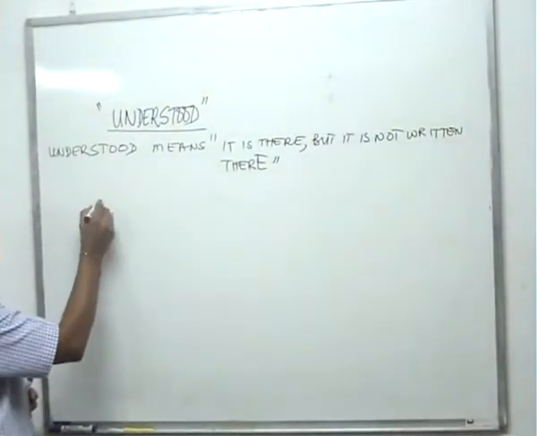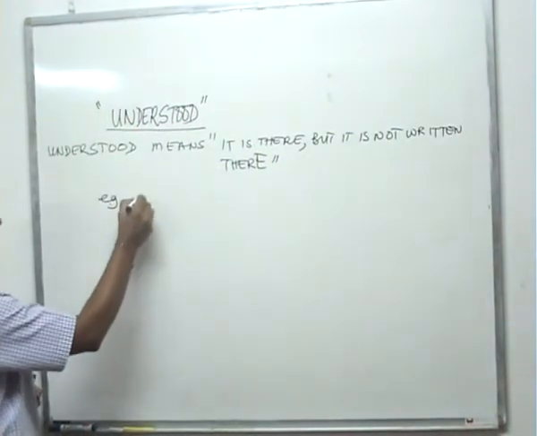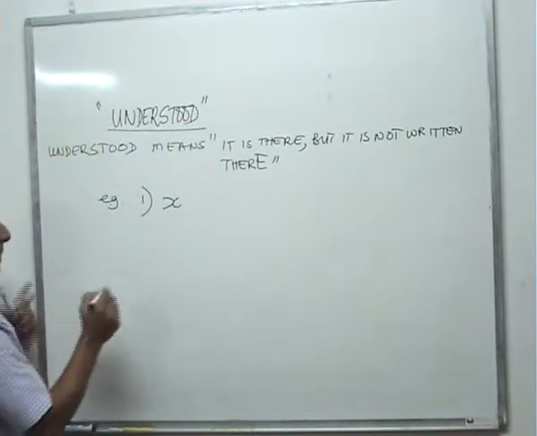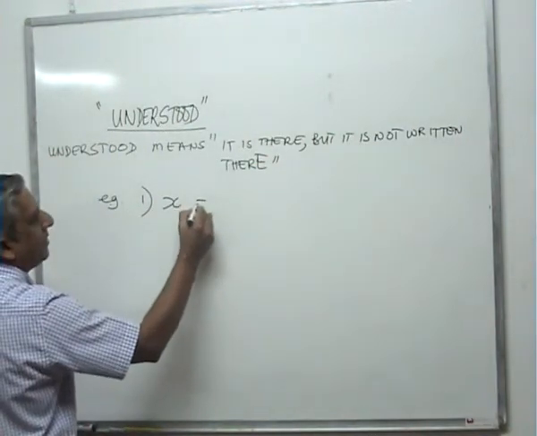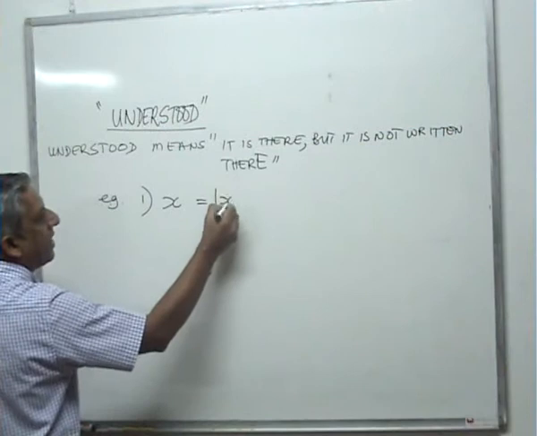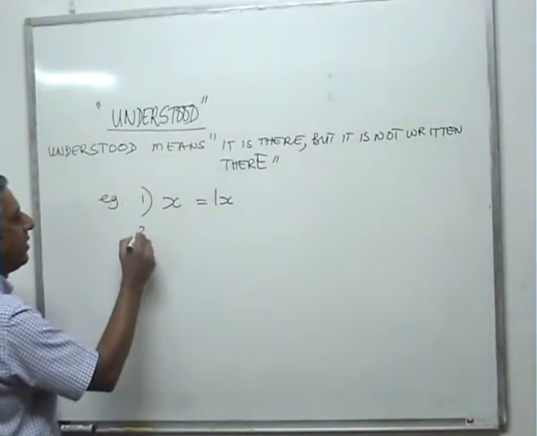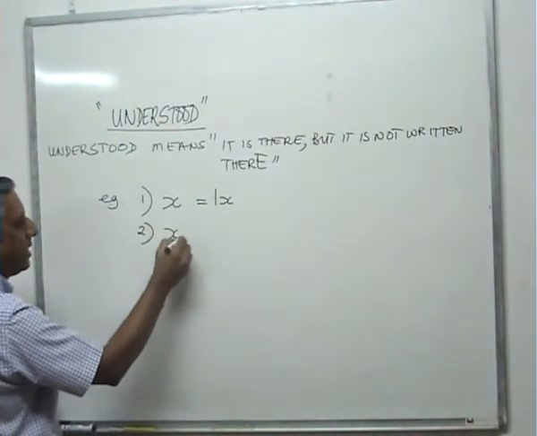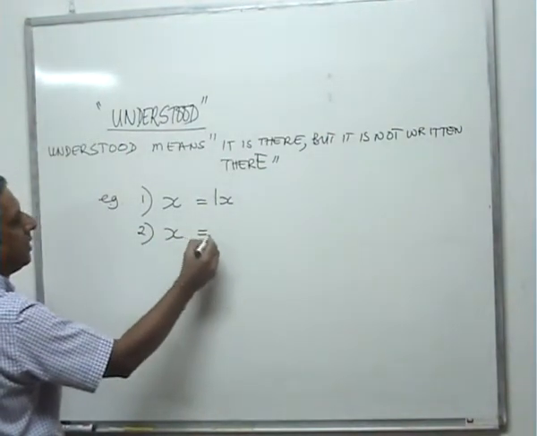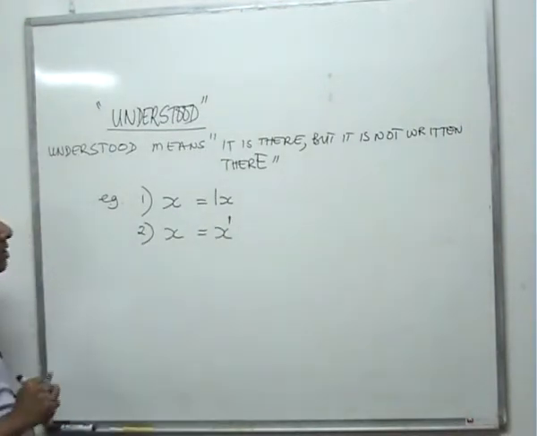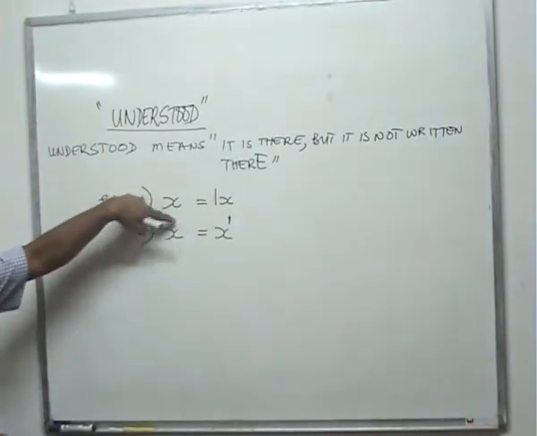For example, number 1, in the number x, there is a 1 in front of it that is understood but is not written there. Now we take the same example again. x, there is an index over here that is understood but it is not written over here.